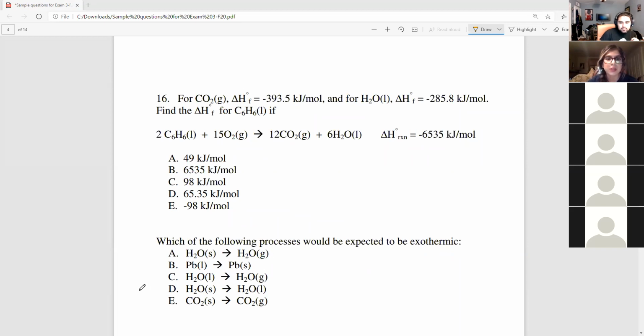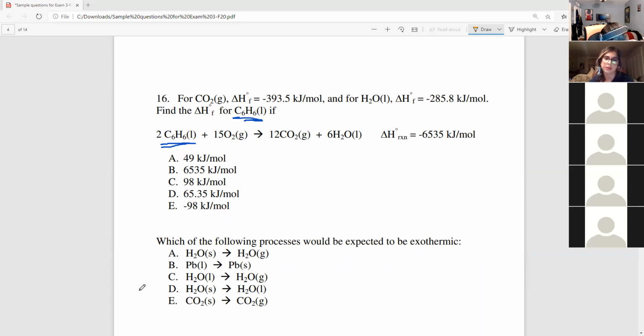Find the enthalpy of formation for C6H6. So we want to find the formation of this, but in the equation that they give us, it's on the left side, right? So we know we're going to need to switch that around. So if we switch it around, what are we going to do?